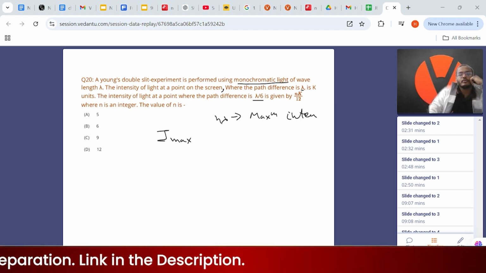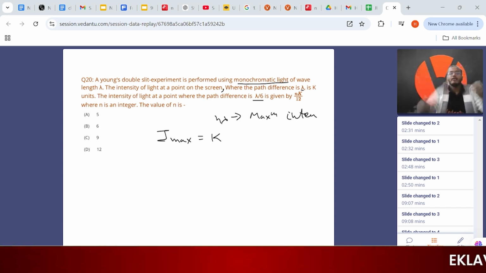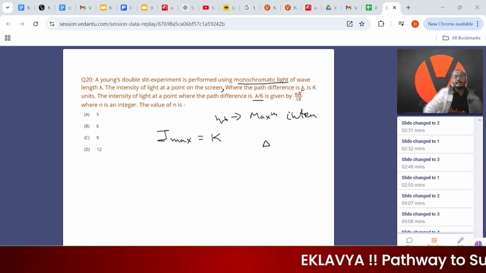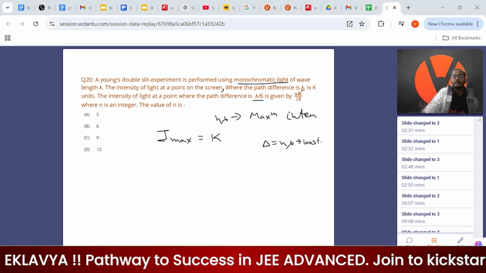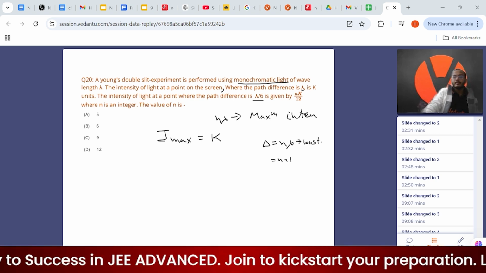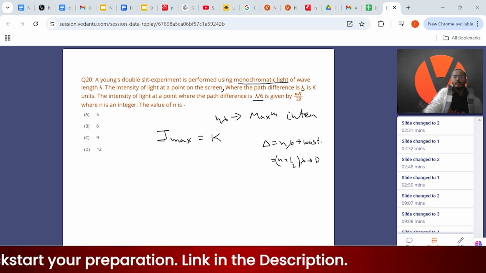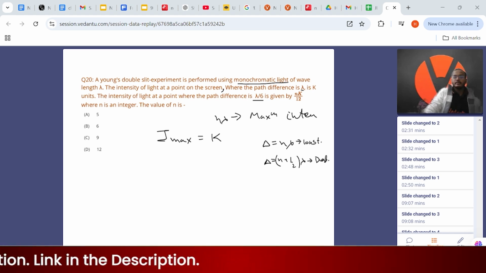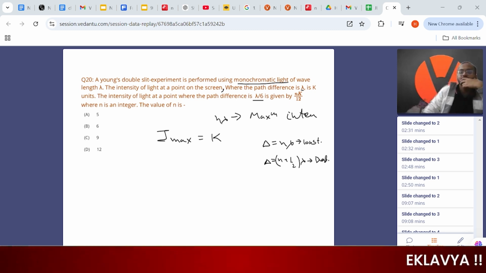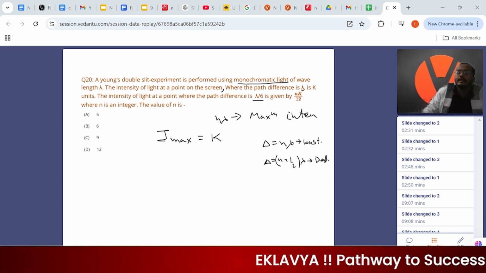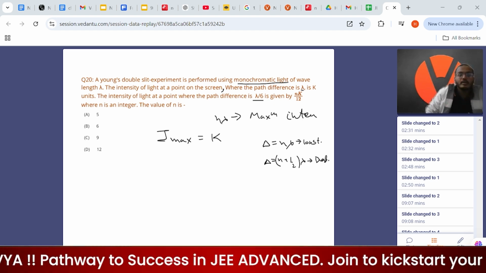So from here I can say that maximum intensity is equal to K. Remember, for a YDSE, if your path difference is n lambda, then constructive interference, and if it is equal to (n plus 1 by 2) lambda, then it is destructive interference. Always remember, okay? The path difference is lambda, that is in the integral form, is K, so I max will be equal to K.